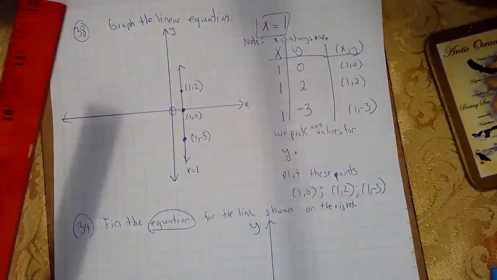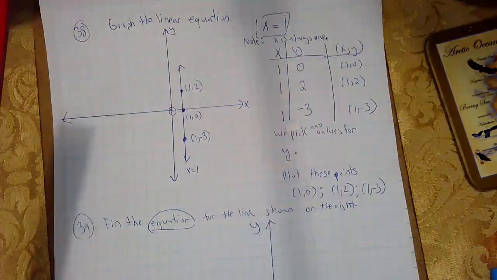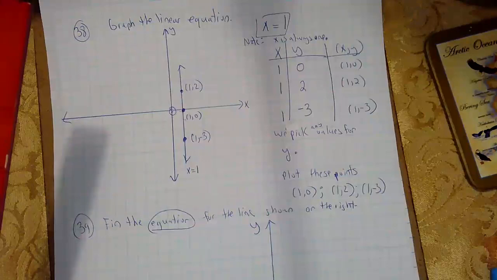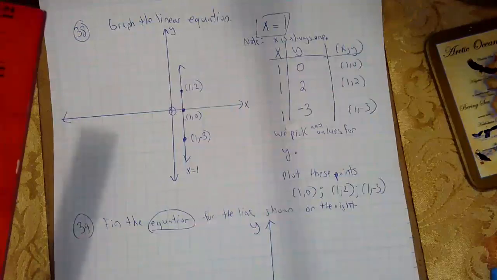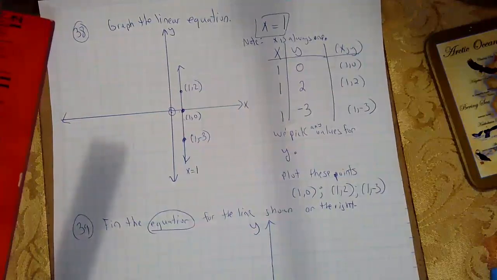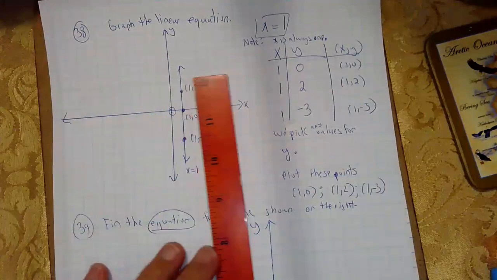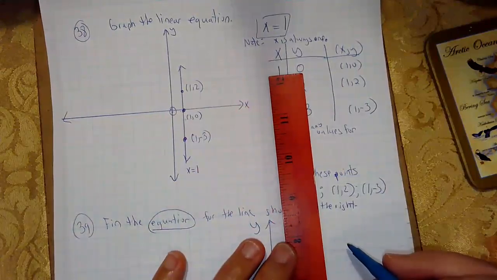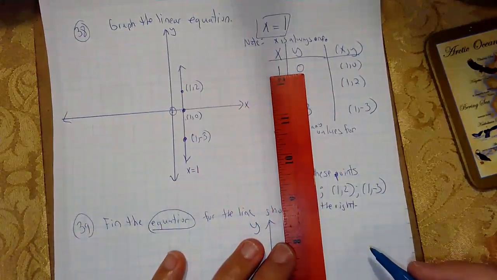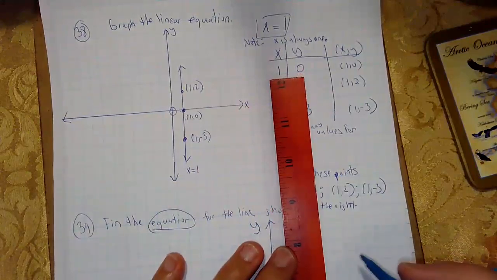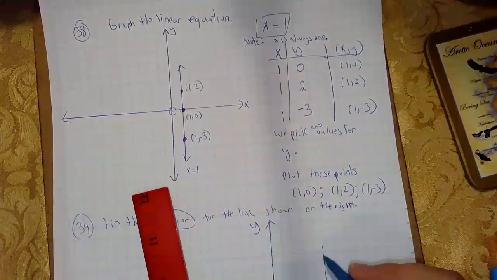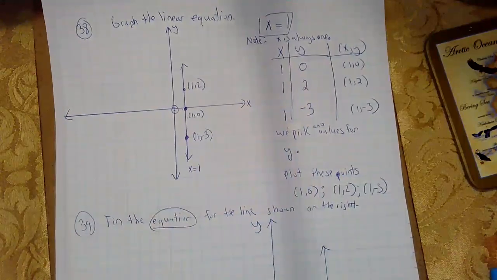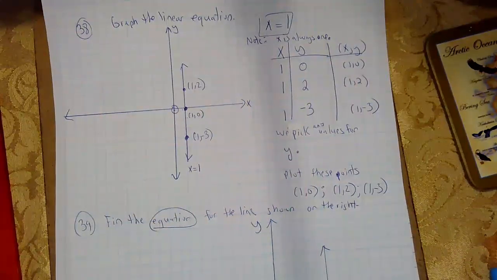It looks like that's a vertical line going through the x-axis at 5. 1, 2, 3, 4, 5. Okay, there's our picture. So what is the equation for this line that's shown on the right?